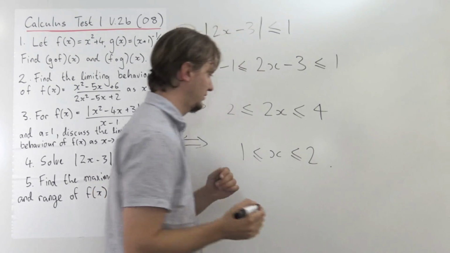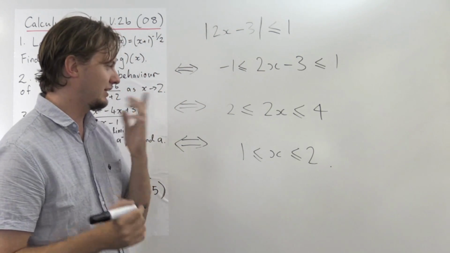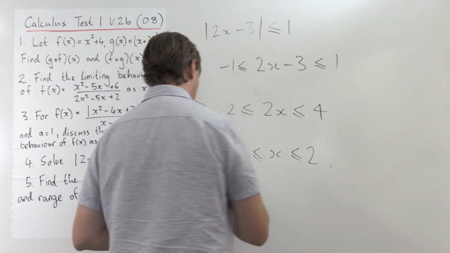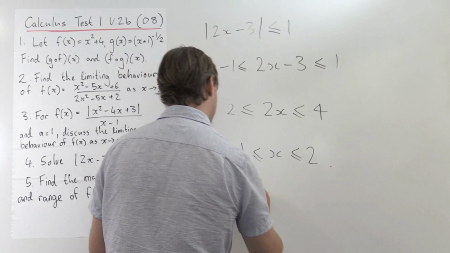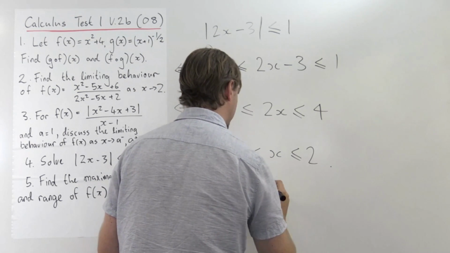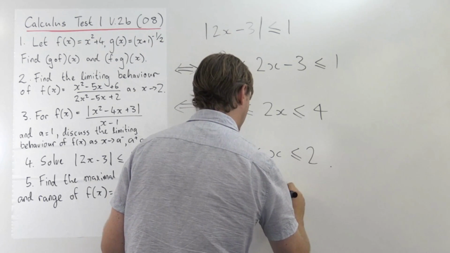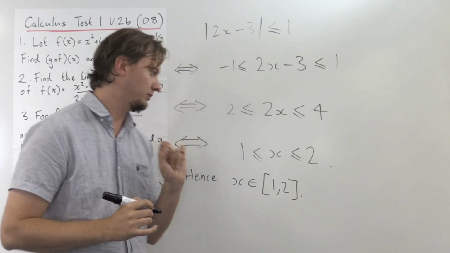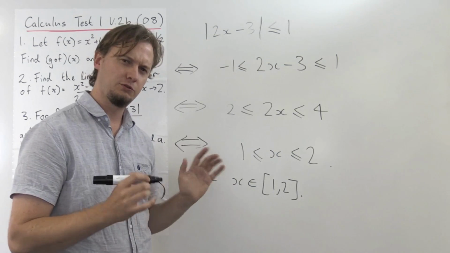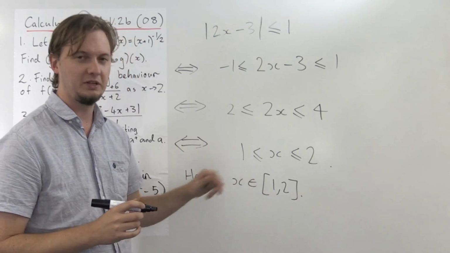And that's really all I want. I guess if I want to go a little fancy, I could say hence x, the numbers that satisfy this, are in the set, the interval 1, 2, including the 2 endpoints. Maybe let's show our usage of this set notation, interval notation.